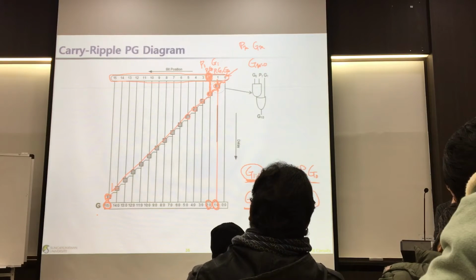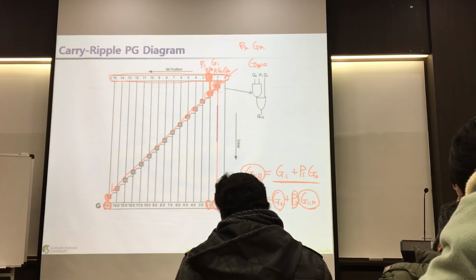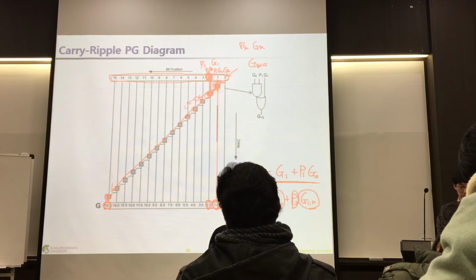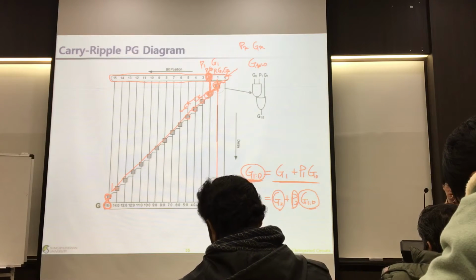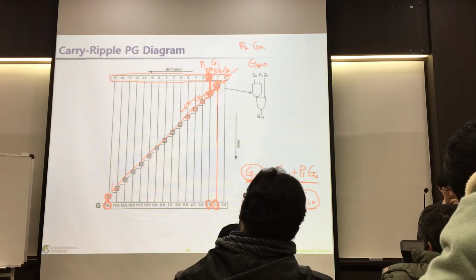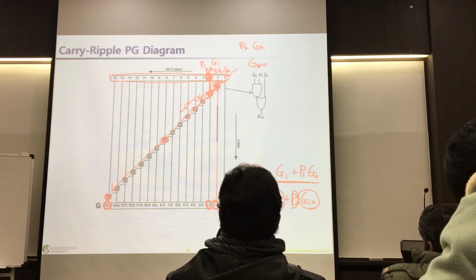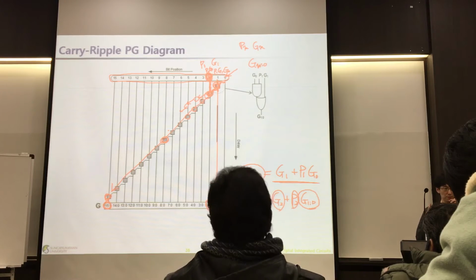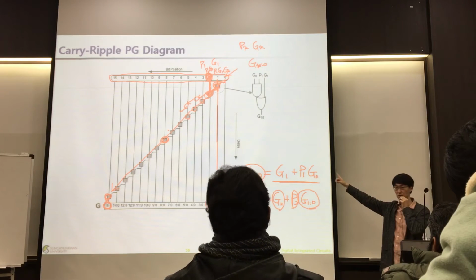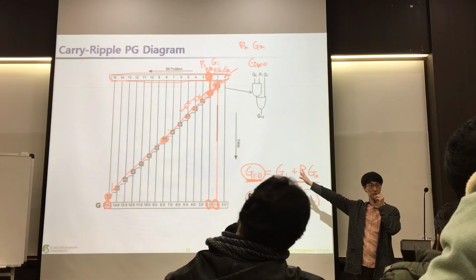You calculate carry forward, and calculate carry forward, and calculate carry forward, right? But it's really important to understand what's happening in each of these cells, okay? Is this clear? Any questions?